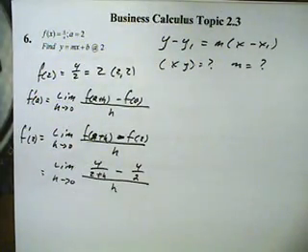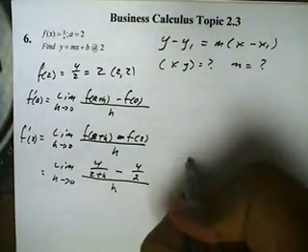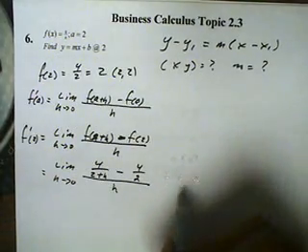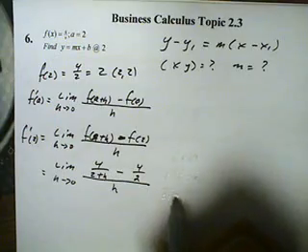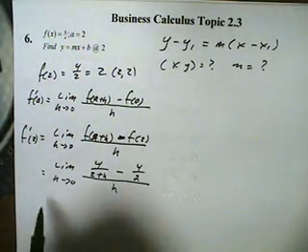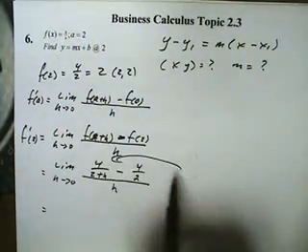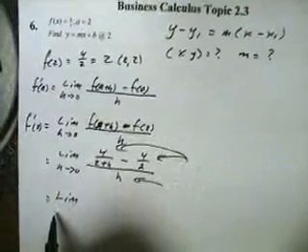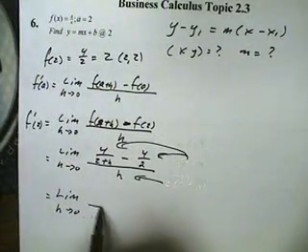Now, the least common denominator for this is going to be 2 times 2 plus h. So I'll put that in the numerator and the denominator. So what I have now, when I distribute, is the limit as h goes to 0.